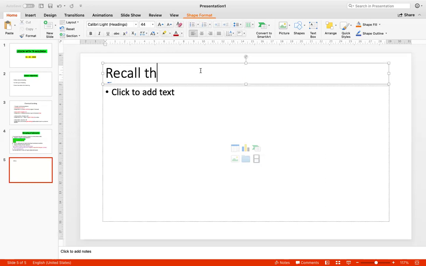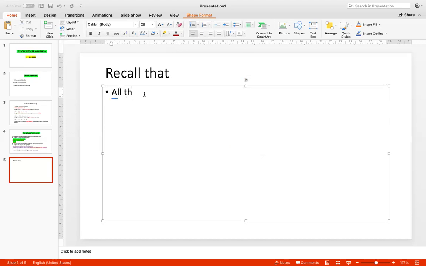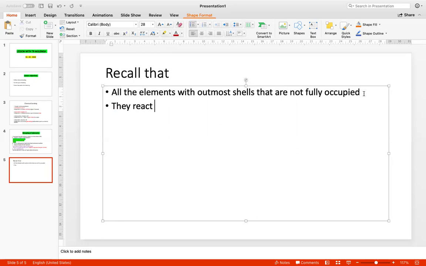So remember that point number 1, all the elements with outermost shells that are not fully occupied, what do they do? They react with other elements.